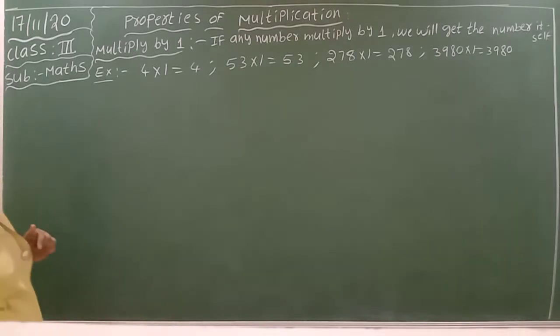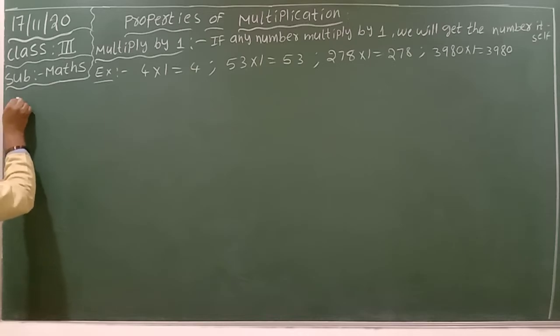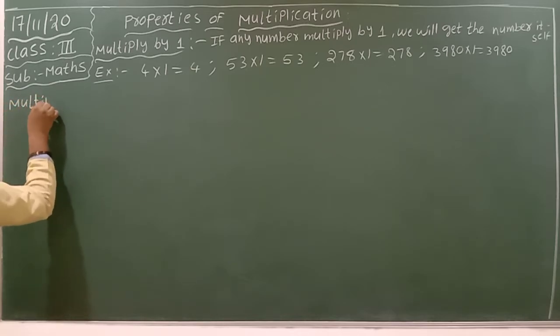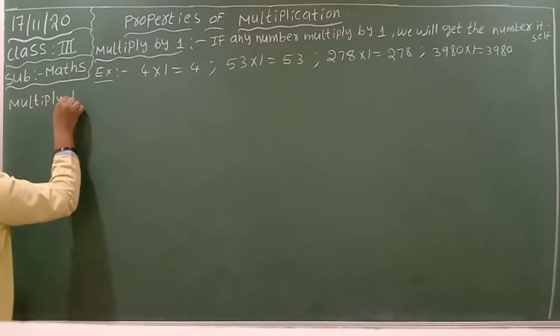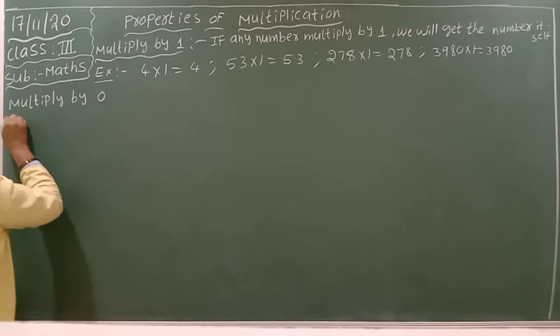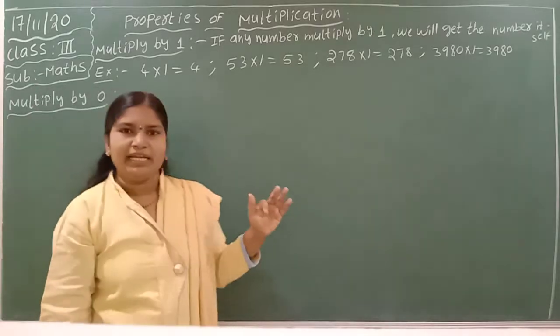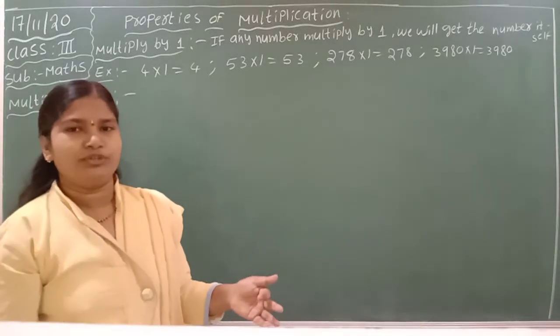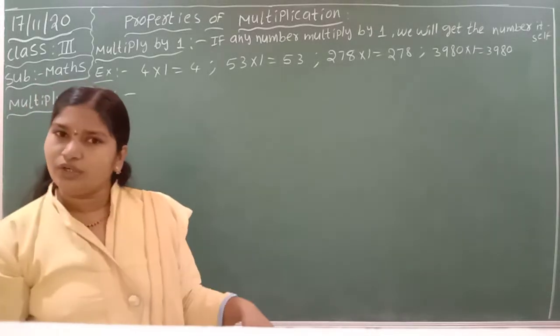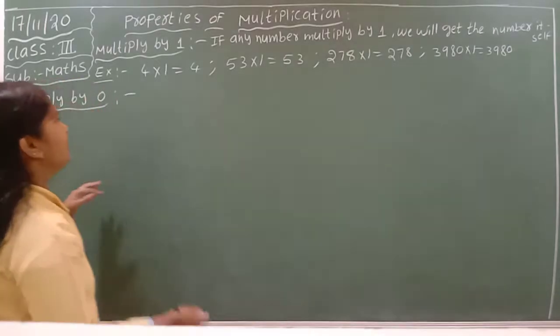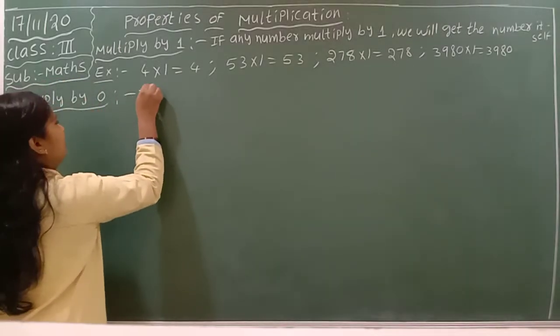And the second one, multiply by 0. Okay. If we multiply any number with 0, we will get 0 only. The answer is 0 only.